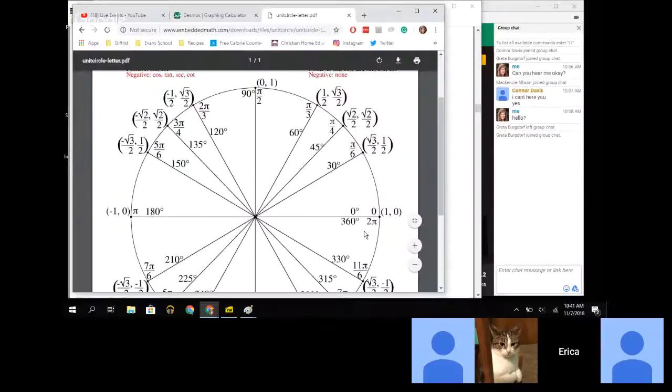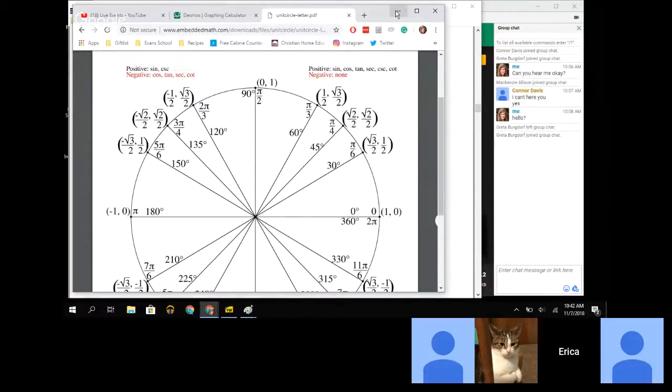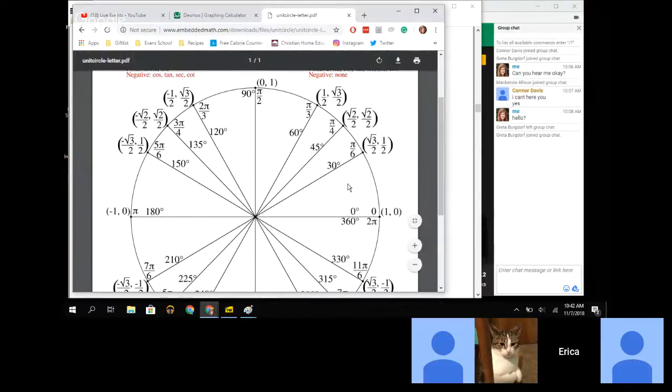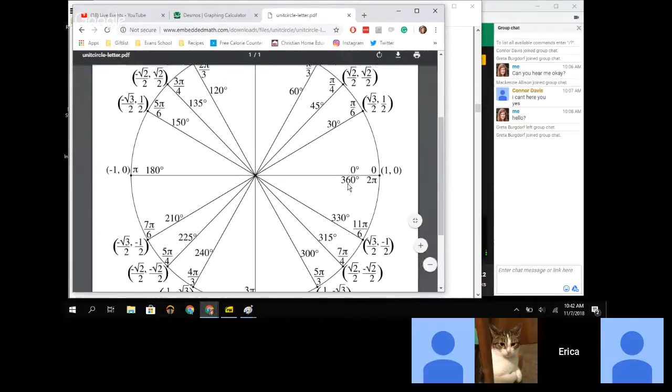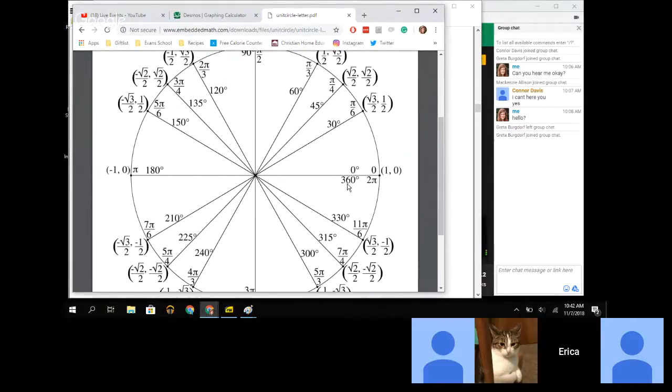Okay, cool. What about number 14? This is where it gets slightly tricky, but not that tricky. Number 14 says theta equals negative 4 pi over 3. I personally think the easiest way to do this is to look and see where positive 4 pi over 3 is.